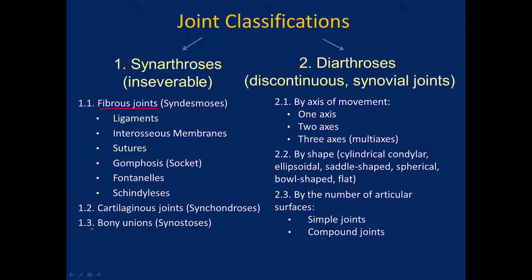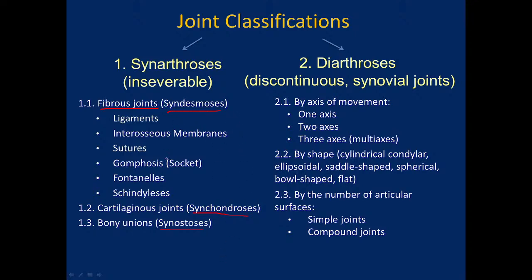And the third group in synarthrosis is bone union, or synostosis, in other words. All of these terms, synchondrosis, synostosis, and syndesmosis, are also Greek terms.